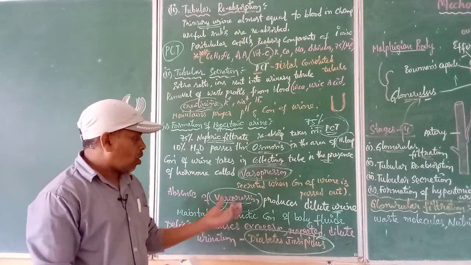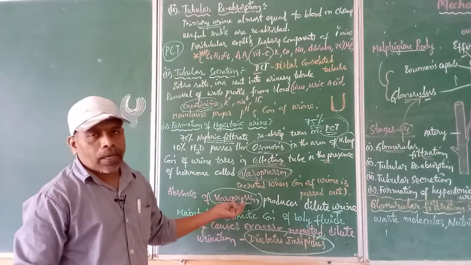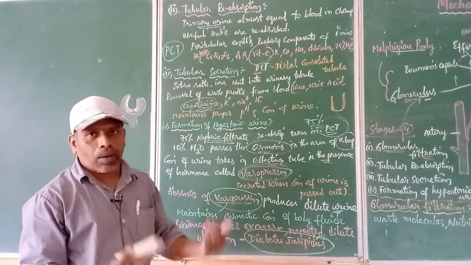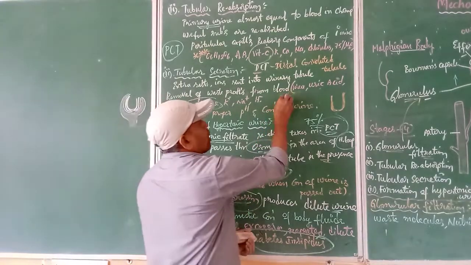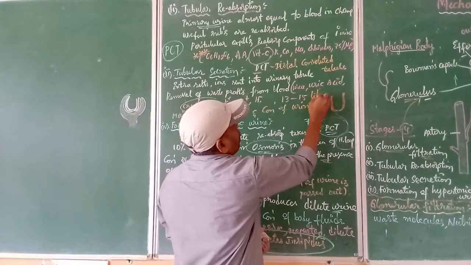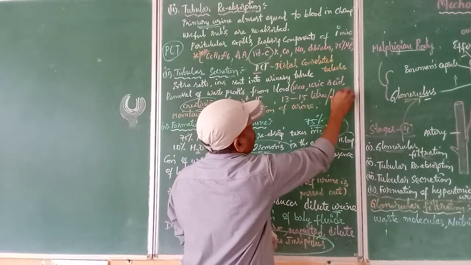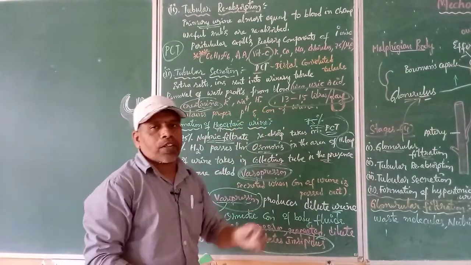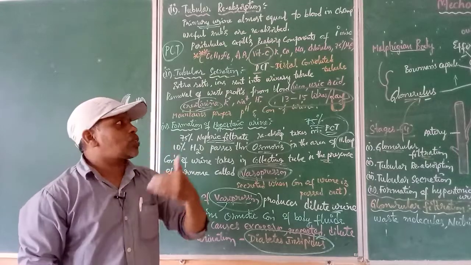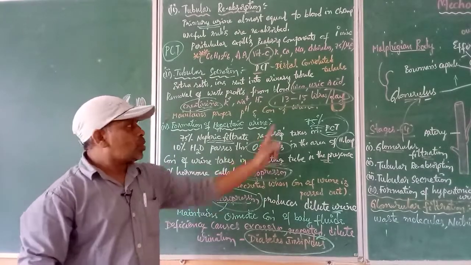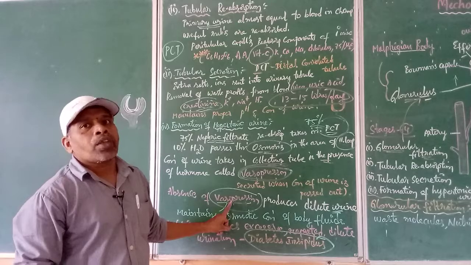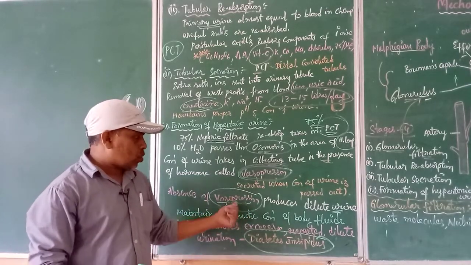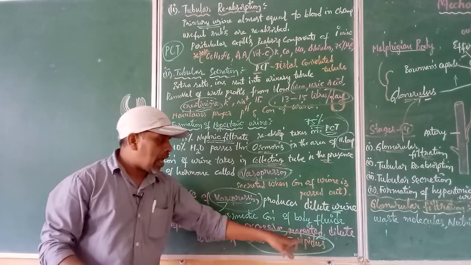In people in whose body the required quantity of vasopressin is not produced, near about 13 to 15 liters of urine is passed per day in 24 hours. This is a very large quantity of urine. That means for every 10 to 15 minutes the person has to go for urination. So vasopressin plays an important role, and its absence leads to diabetes insipidus.